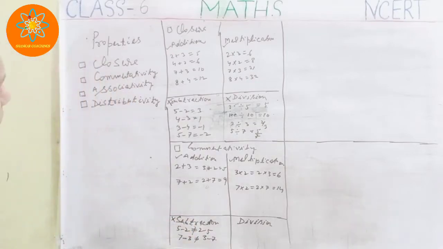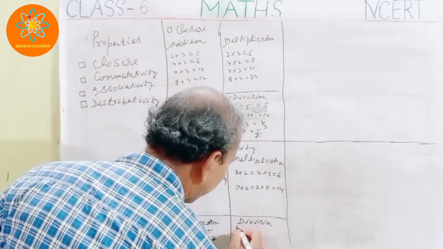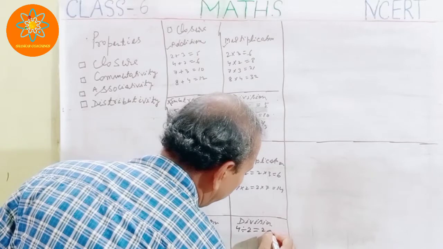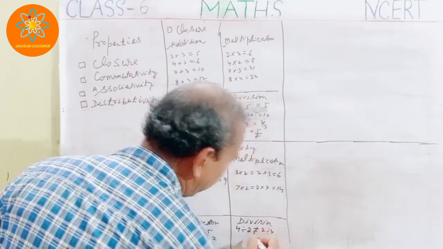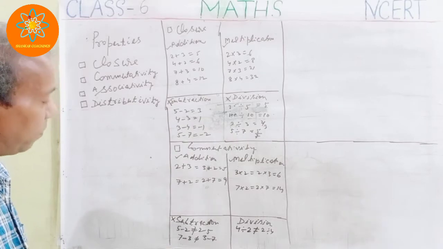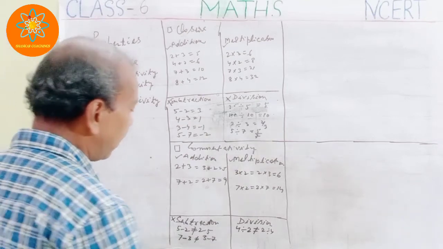Now coming to the division. Let's suppose I am taking 4 divided by 2 and 2 divided by 4. It is also not equal. 4 divided by 2 is how much? 2. That is a whole number. While 2 divided by 4 is half. That is not a whole number. I'm taking one more example.